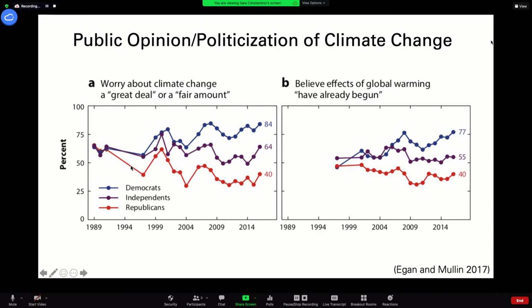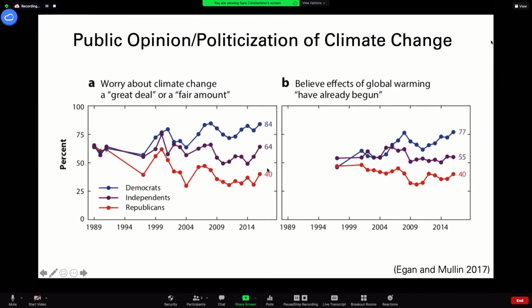So over time, we see an increasing divergence between Republicans and Democrats, with Republicans significantly less likely to view climate change as a threat or to believe it exists in the intervening years. And this data here ends at 2016.